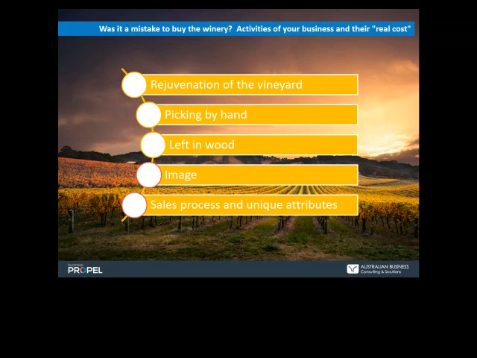And every action we take creates a cost. Picking by machine versus picking by hand. Quantity, rough hewn, softly done, delicately done, boutique, unique, premium pricing and branding.